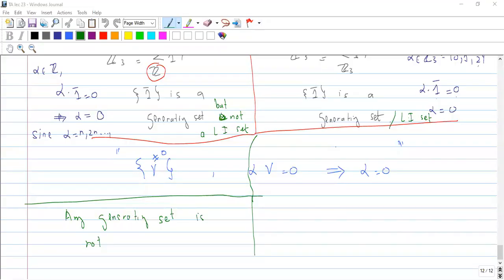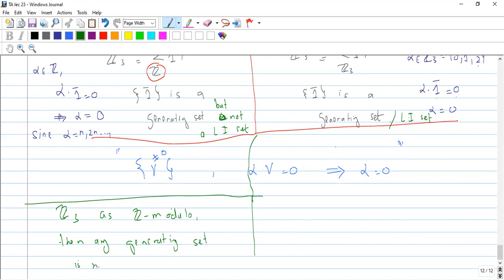कुछ प्रॉब्लम है, इसको दोबारा लिखता हूँ। So what we can say that if we consider Z3 as a Z module, then you can see that any generating set is not a linearly independent set.